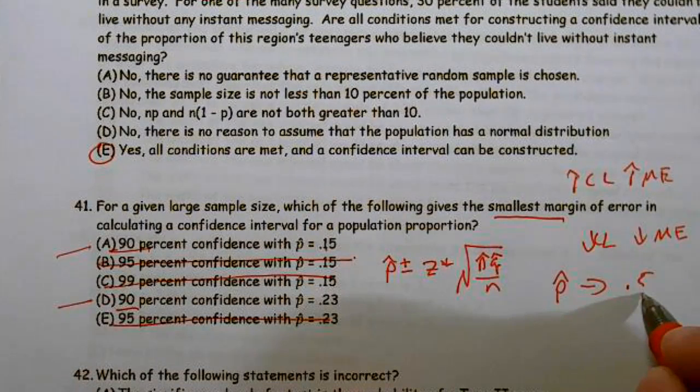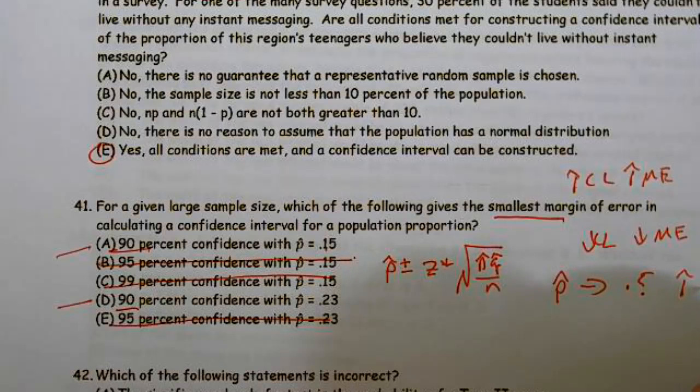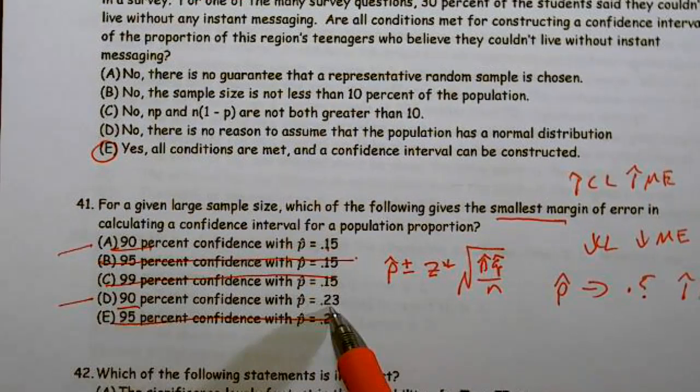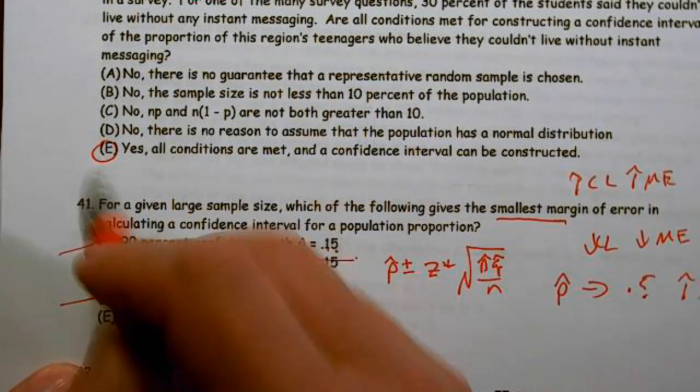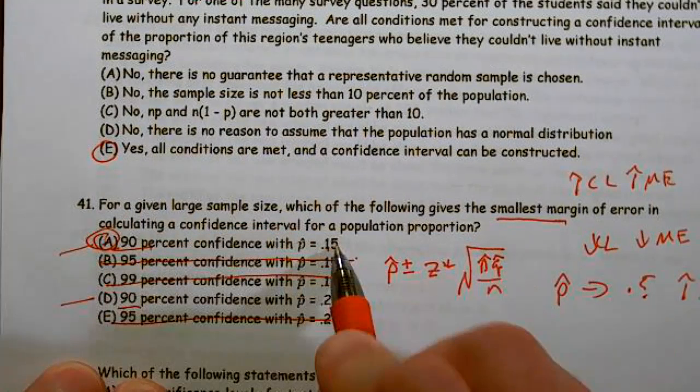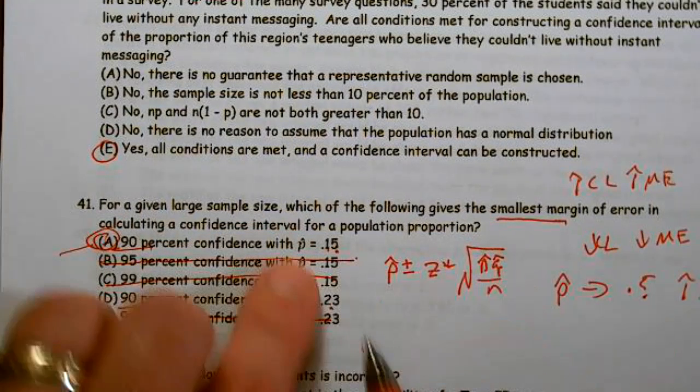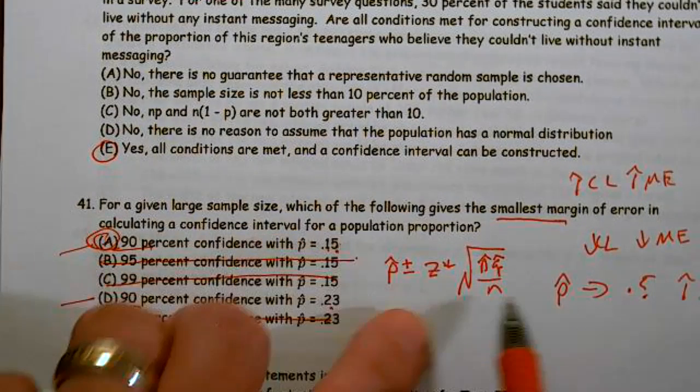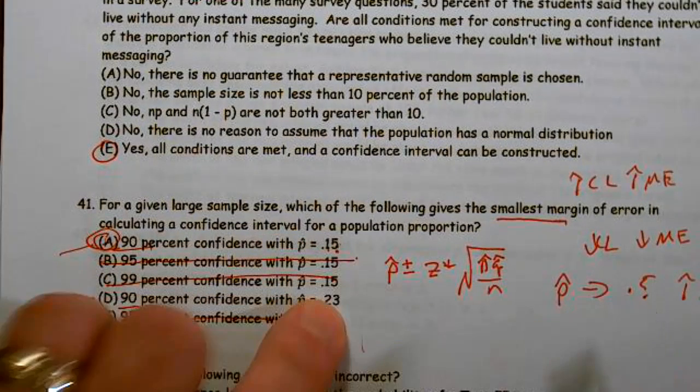So p hat close to 0.5 means the largest margin of error. 0.23 is closer to 0.5 than 0.15, so the 0.15 will give me my smallest. The farther I am away from 0.5, the smaller I get.